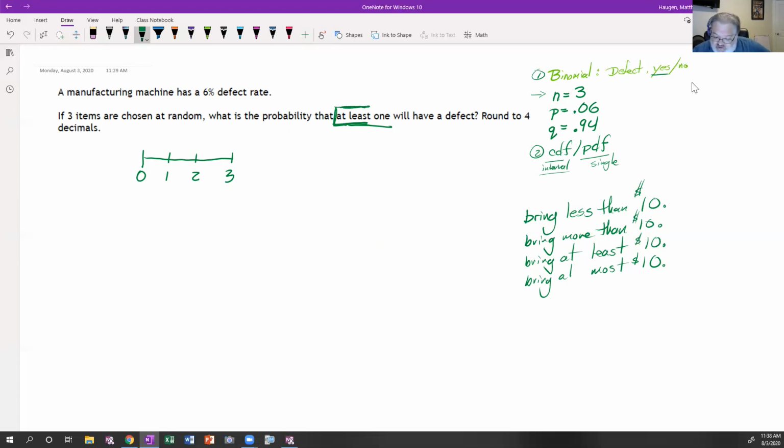For each of these, there's nothing technical about this language, but which ones of these are up and which ones of these are down? I mean up and down on the number line.